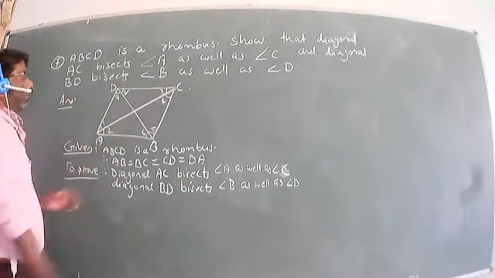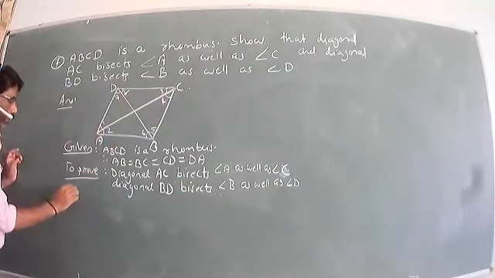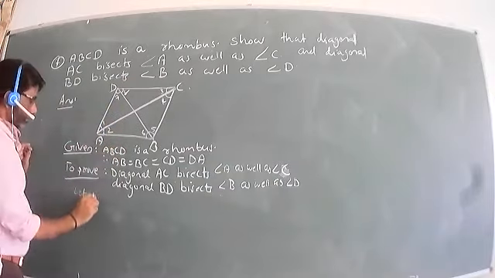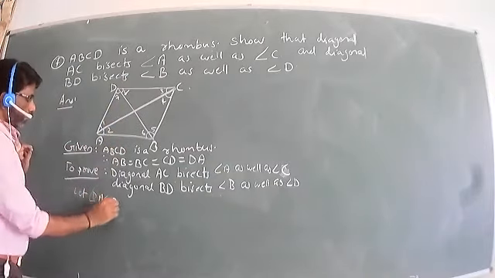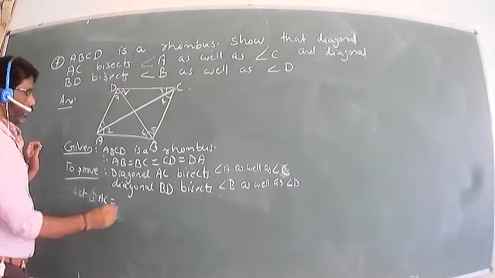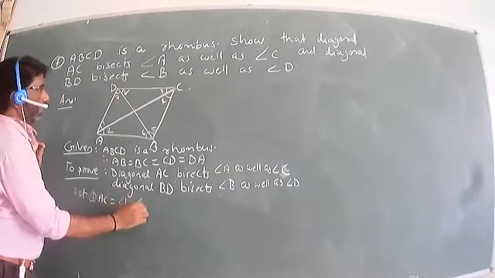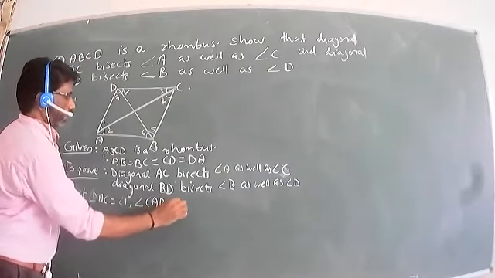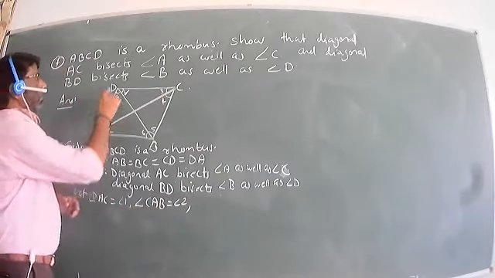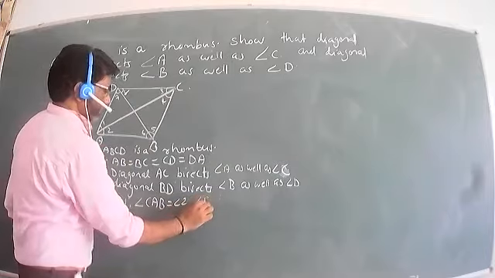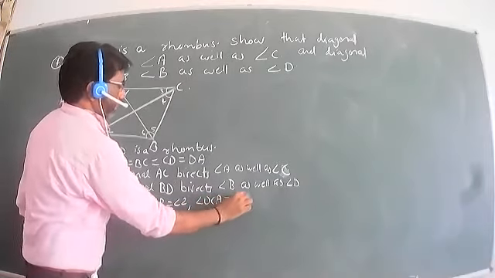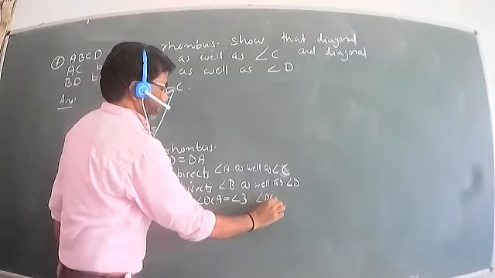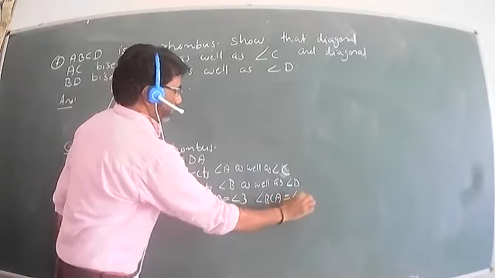Here also we can give the name 1, 2, 3 like. So let angle BAC is equal to angle 1, angle CAB is equal to angle 2, angle DCA is equal to angle 3, angle BCA is equal to angle 4.